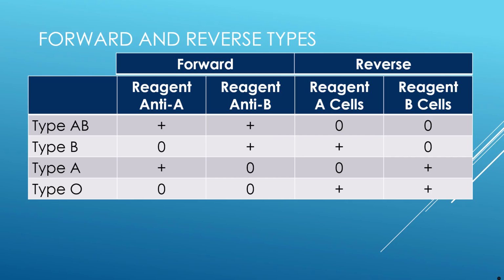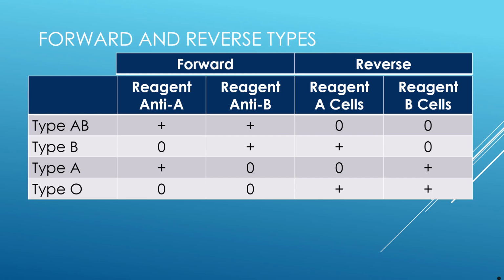Let's go through the chart. We can see the forward typing, you're adding patient cells to reagent anti-A and reagent anti-B, and reverse typing, you're adding patient plasma to reagent A cells and reagent B cells. So type AB would react with anti-A and anti-B, but the plasma from that person would not react with A cells or B cells.